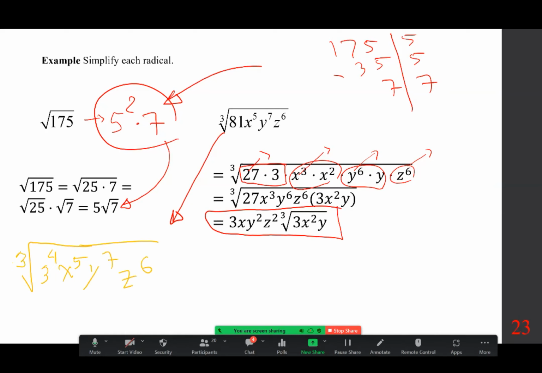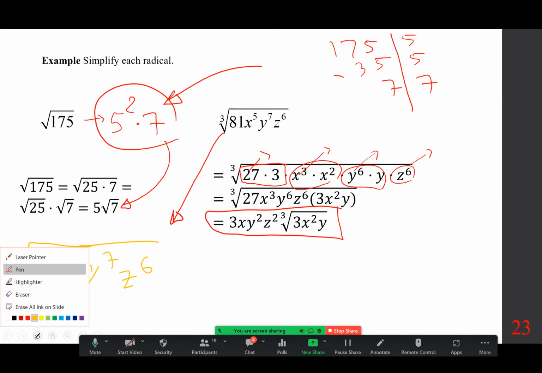And I'm interested in the cube root. Now, the method that I'm going to show you works faster and easier the more complicated the question becomes. You divide the exponent by the index.